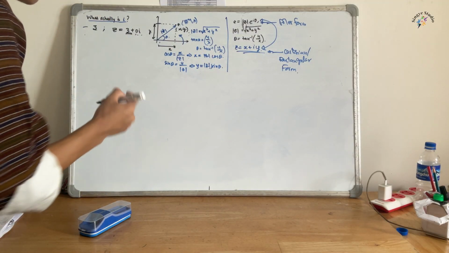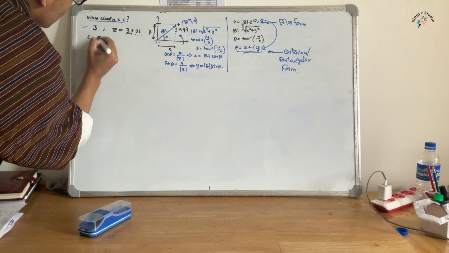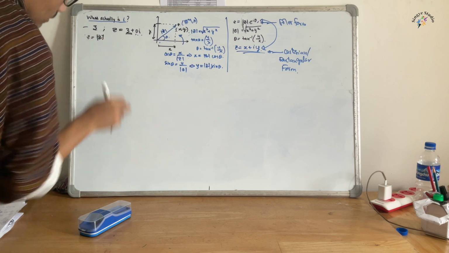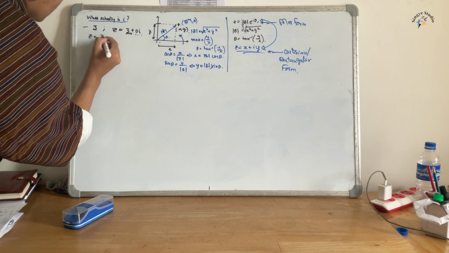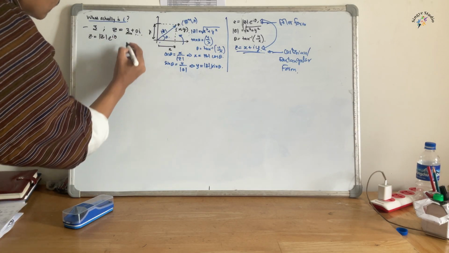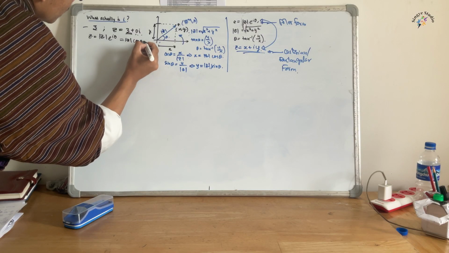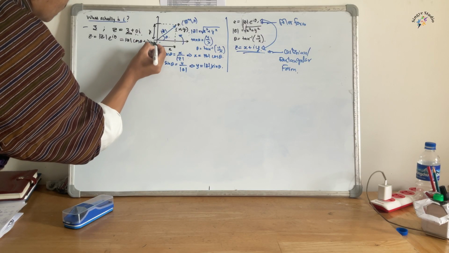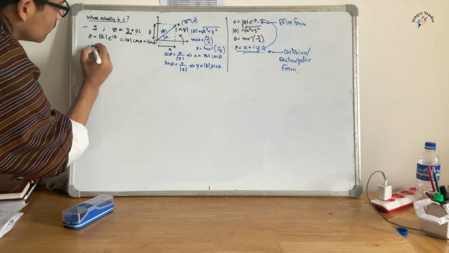Okay. So here, z is z bar e raised to i pi, or you can write it as z bar cosine theta plus i sine theta.